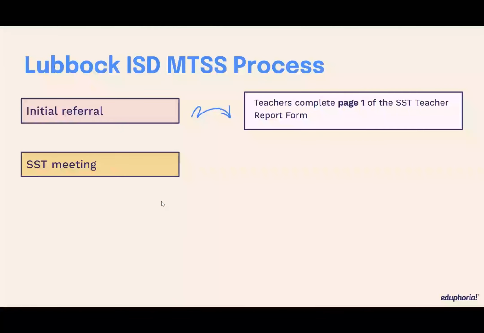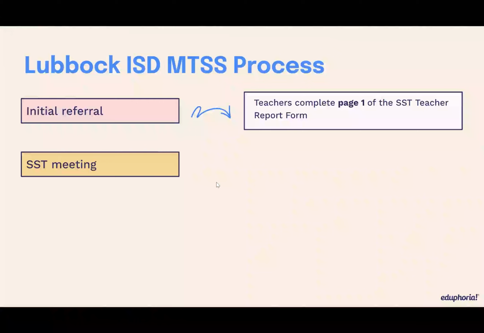On that teacher report form, teachers respond to areas of concern, current data, strategies that they've already tried, the strengths and weaknesses of the student, academic and behavioral, and then documentation of any parent contacts. And when that is complete, they let the SST leader know, and the SST leader sets up an SST meeting.